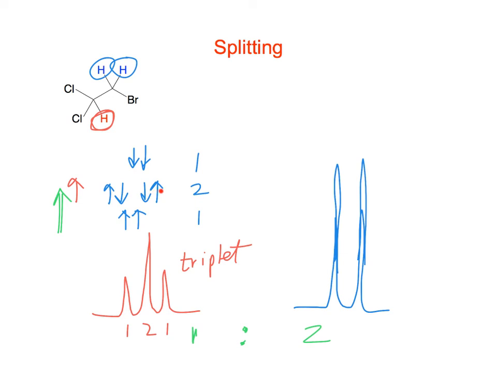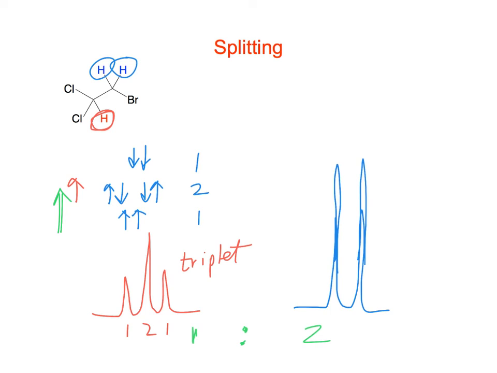Then we have 2 in the middle with a spin up and spin down. Because they essentially cancel each other, that would be at the same frequency as it started out to be, right? But there's 2 possibilities, so that peak is twice as big. And then the other one has 2 opposed, and so those are both going to subtract from the applied magnetic field, so it's going to cause more shielding, and that one's going to go to a lower field. That would be this one here.